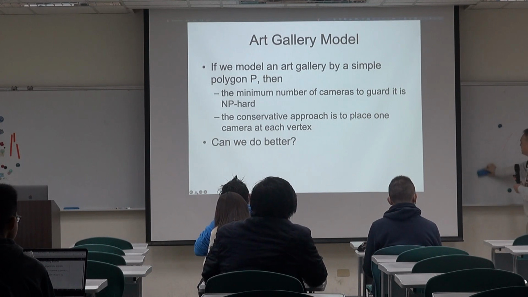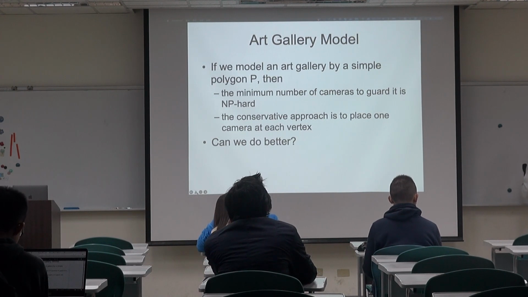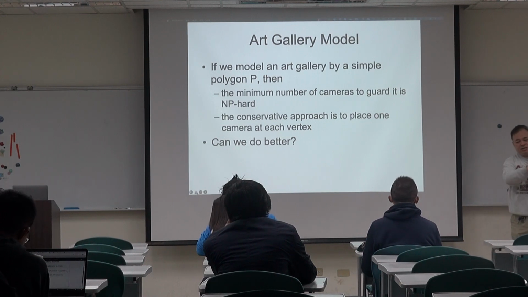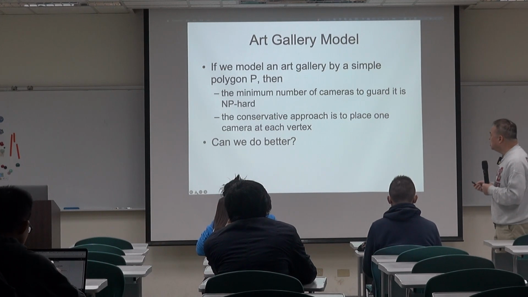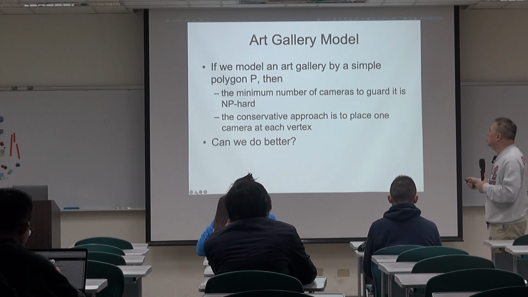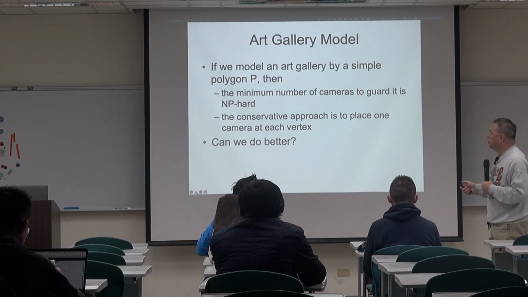Given an art gallery, even with a very strange shape, it could be a zigzag shape. Even so, a simple polygon should be enough to capture a very strange shape of the art gallery, right?